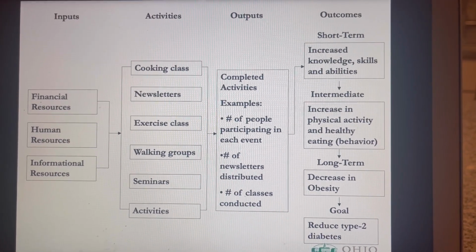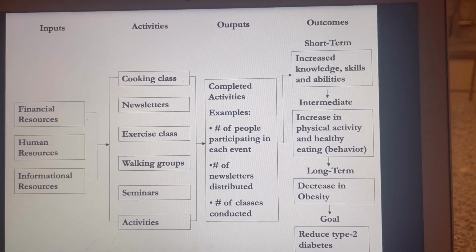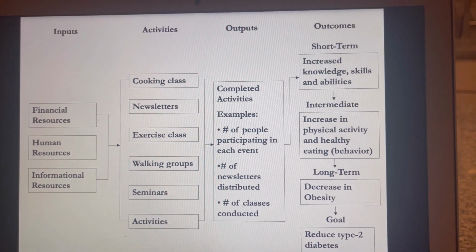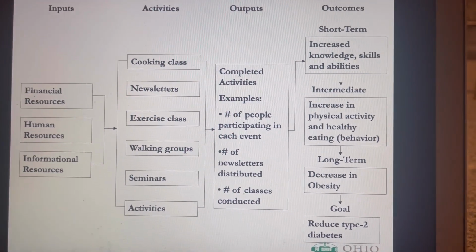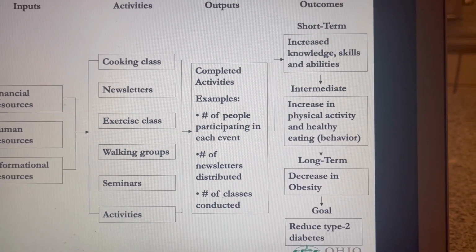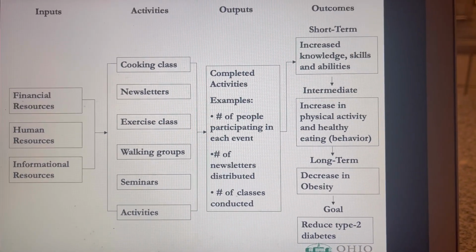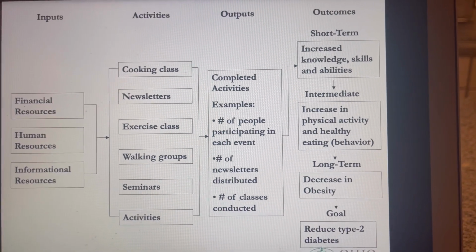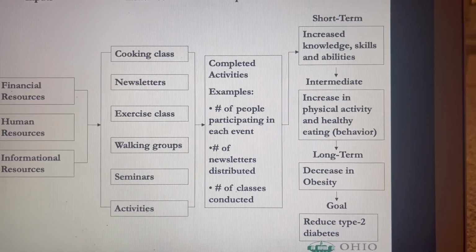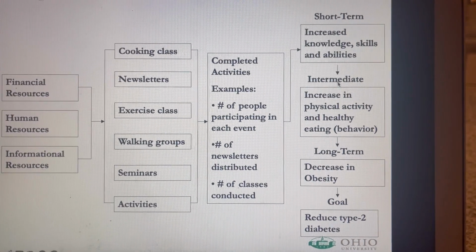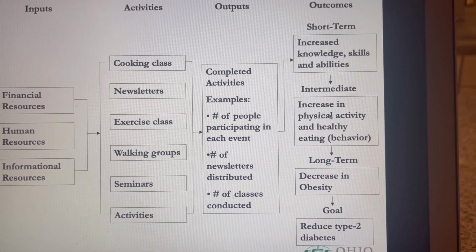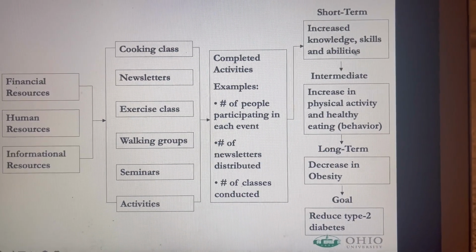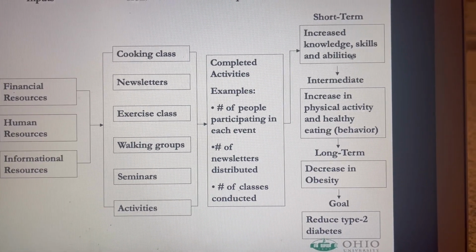And also if you give them education on the positive impact of physical activities, that will also teach them on how to conduct cardios and exercises that will impact their behavioral changes, which is increase in physical activities and healthy eating. So our short-term outcome is to create knowledge and skills and abilities.